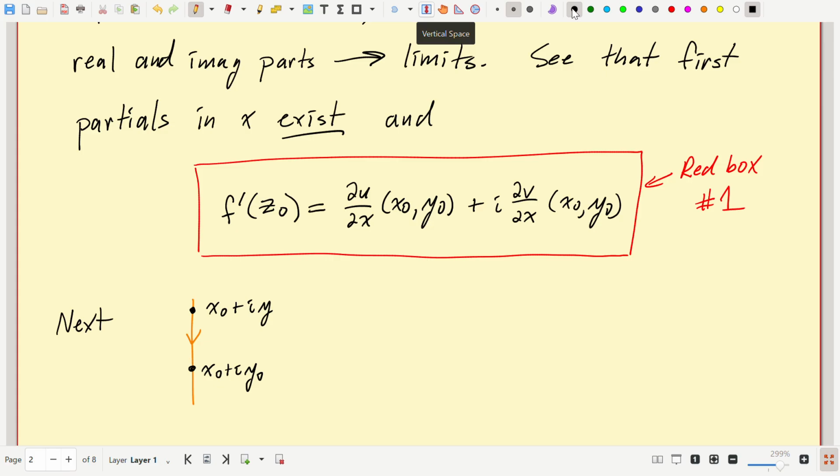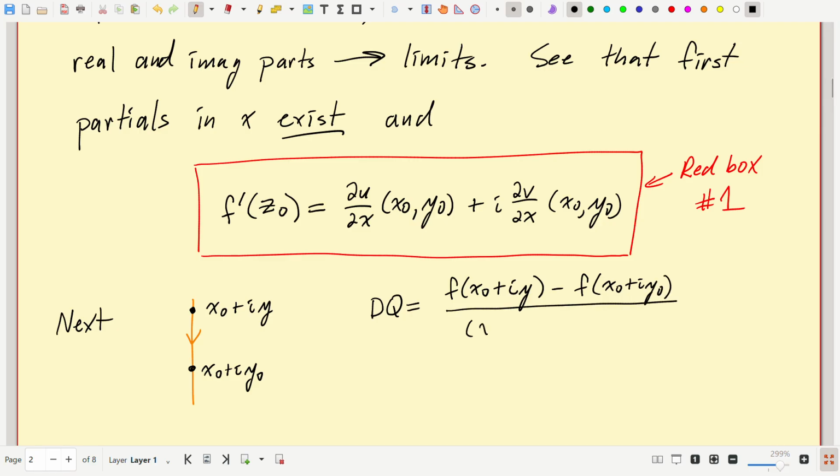I'll try to speed it up this time. The difference quotient for the derivative would be f of x naught plus iy minus f of x naught plus iy naught on the bottom. Notice that this time it's the x naught that cancels in the bottom.